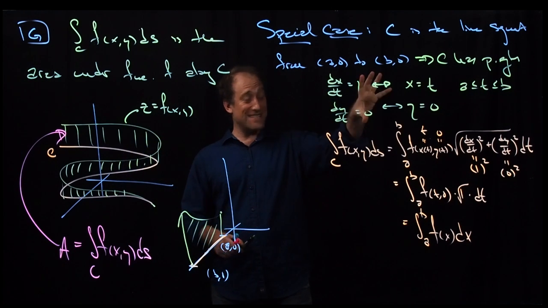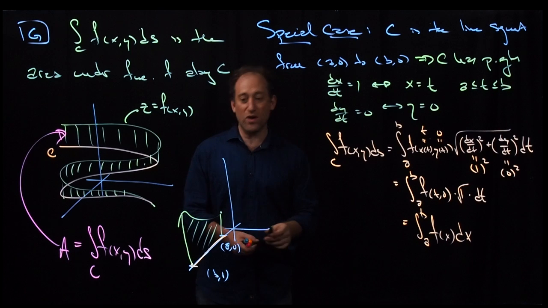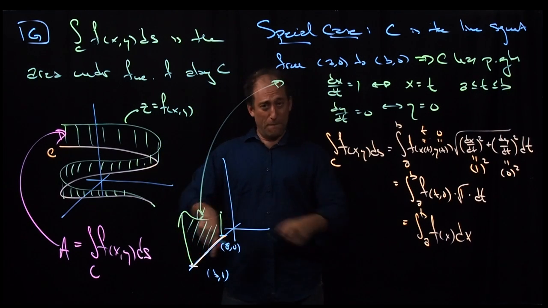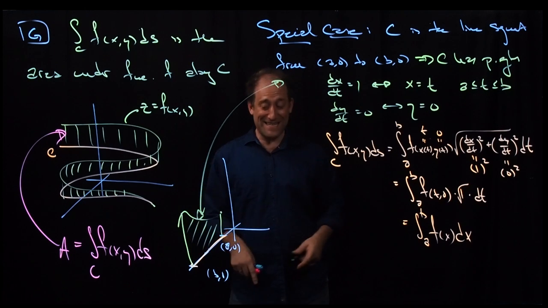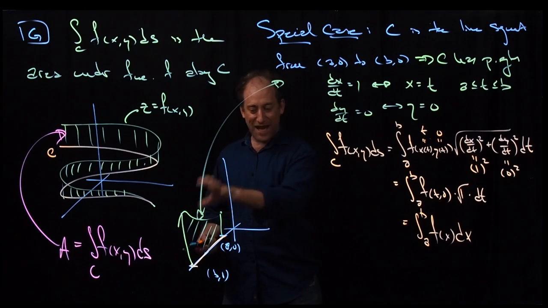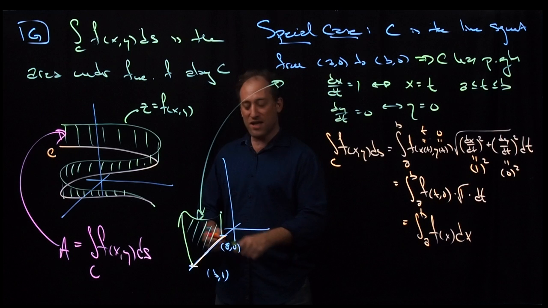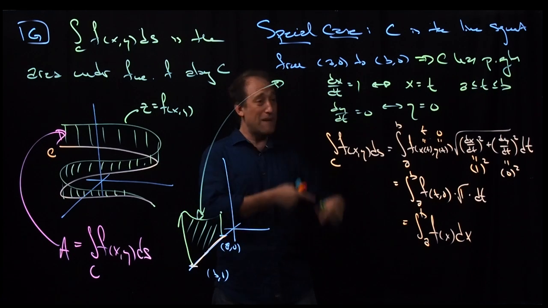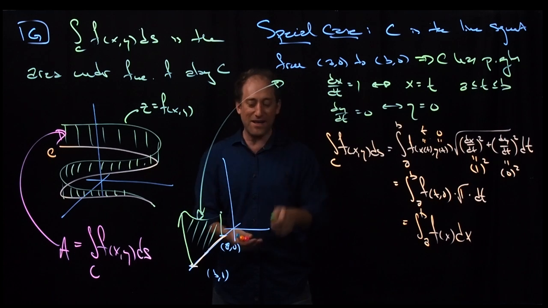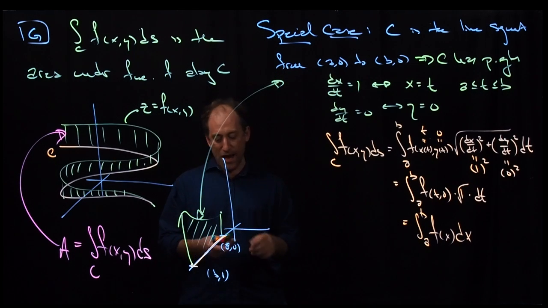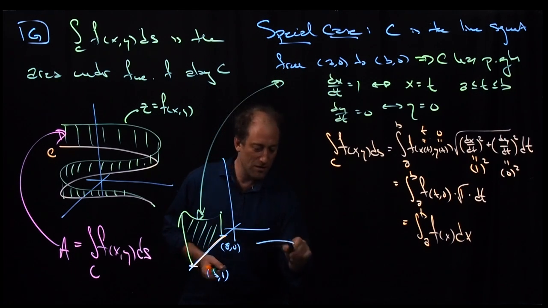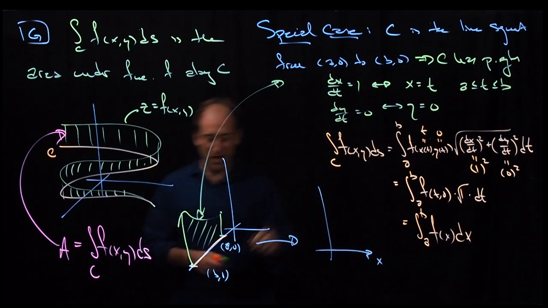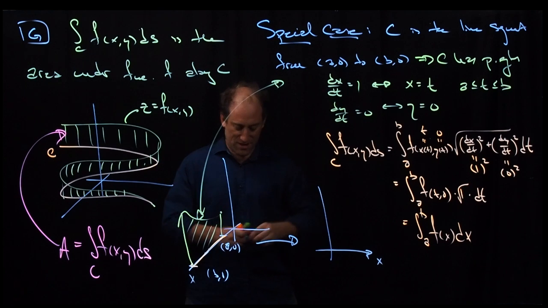Accordingly, in this special case, I'm looking for this area. But again, because I lie entirely above the x-axis, I can look at this just in the x and f plane, namely this thing, when viewed just above the x-axis.